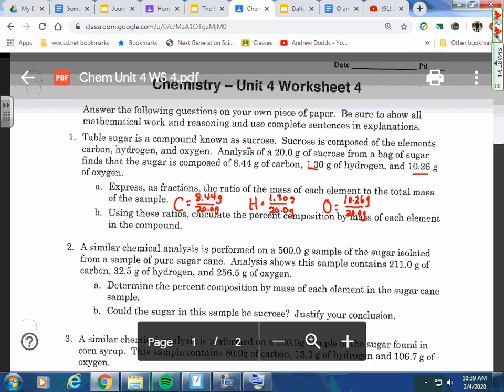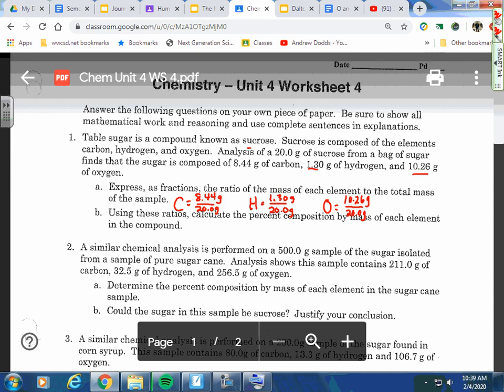Now I can just use these ratios to calculate the percent composition by mass of each element in the compound. Basically, what are those percentages if I change those fractions to percentages? Those fractions kind of look like division problems, don't they? Because they pretty much are. So for percent carbon, I'm going to take 8.44 and divide by 20.